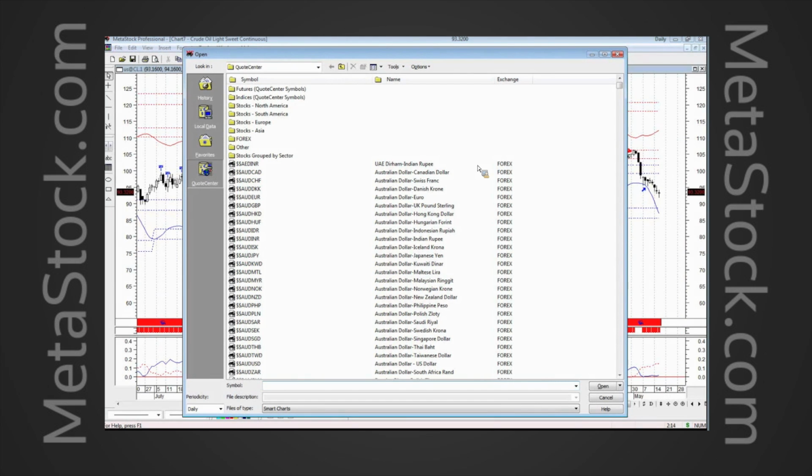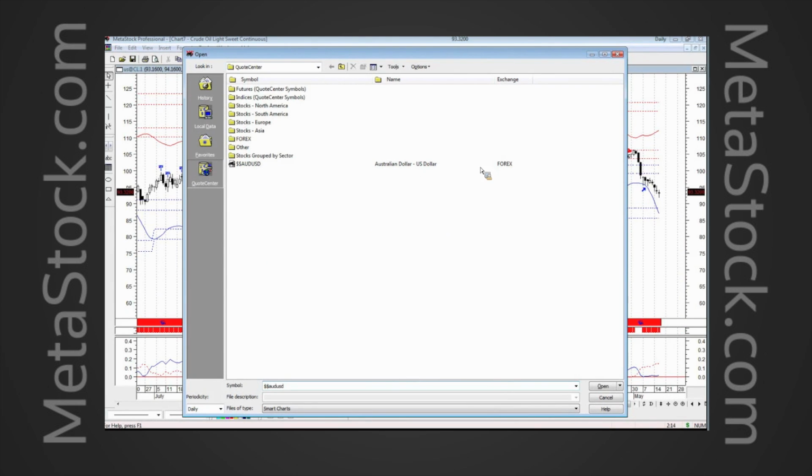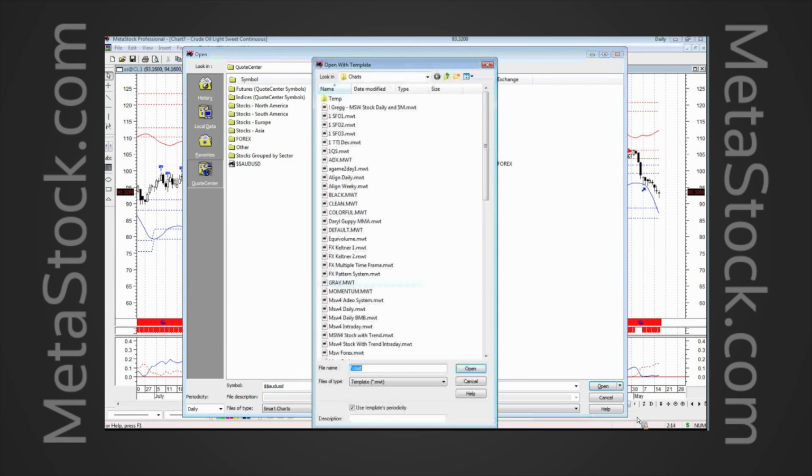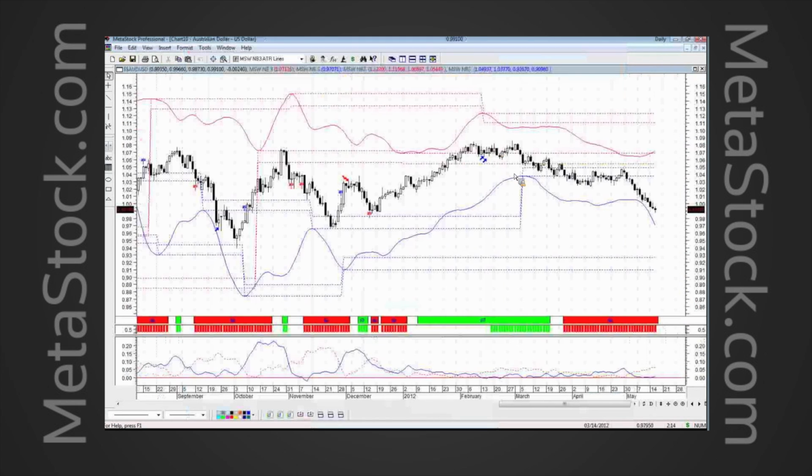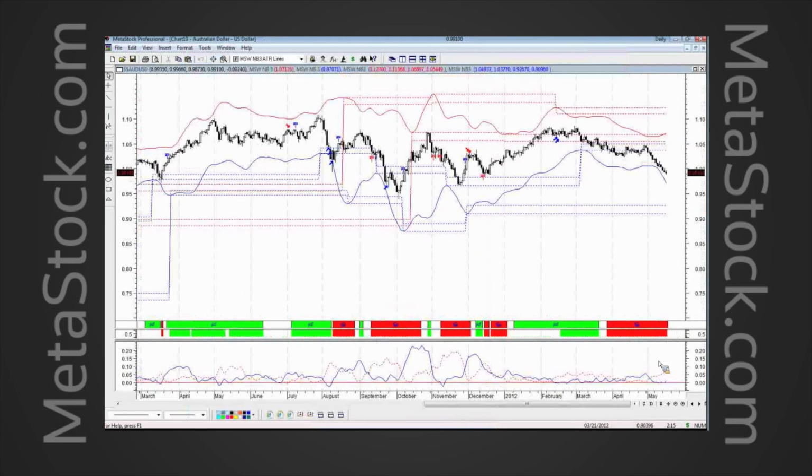Dollar sign AUD, USD. We're going to open it with MetaSwing's standard template, MSW4 daily, and there we go. So this is a daily chart of the Aussie dollar cross, and there we have it.